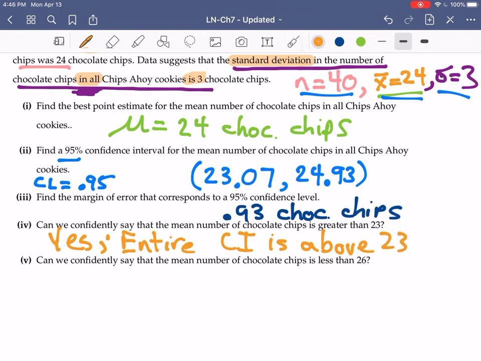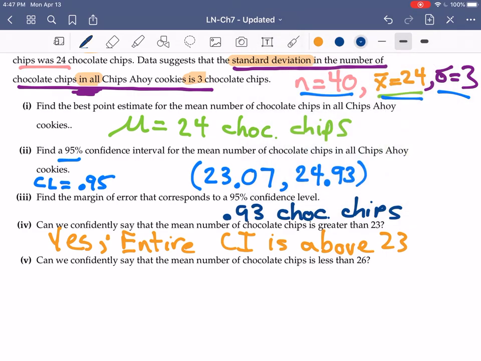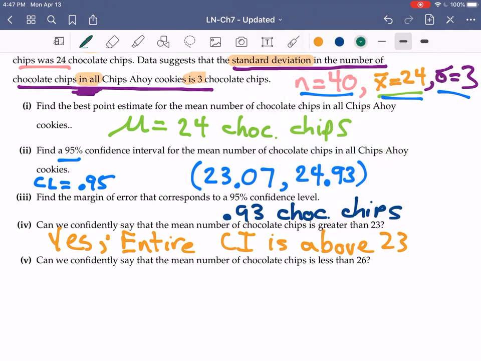Can we confidently say that the mean number of chocolate chips is less than 26? Well, sure, we can say that as well. Why can we say that? Well, we can say it's less than 26 because the entire confidence interval right here is below 26.